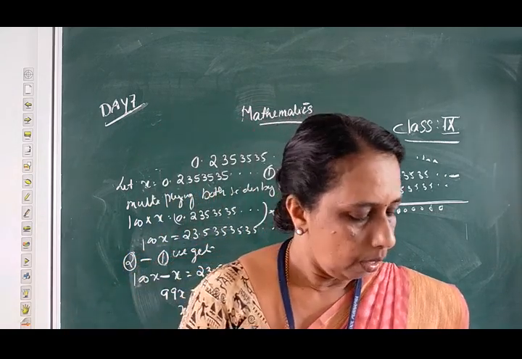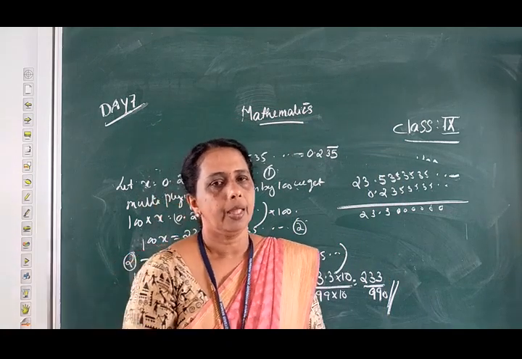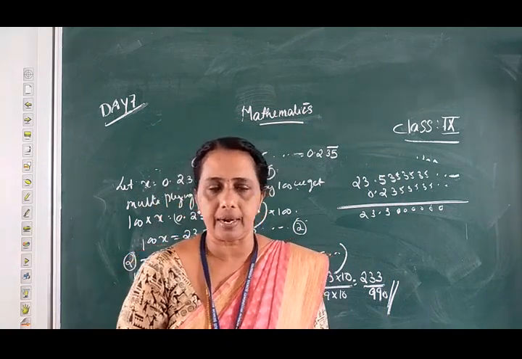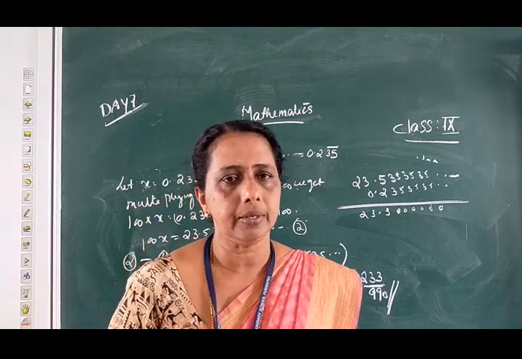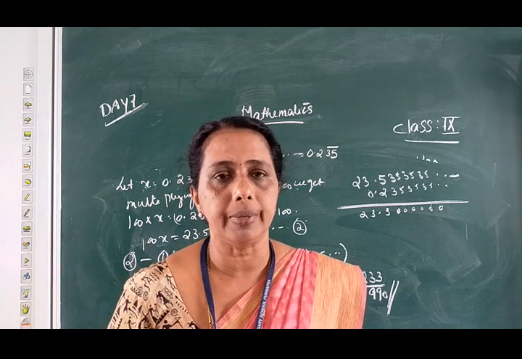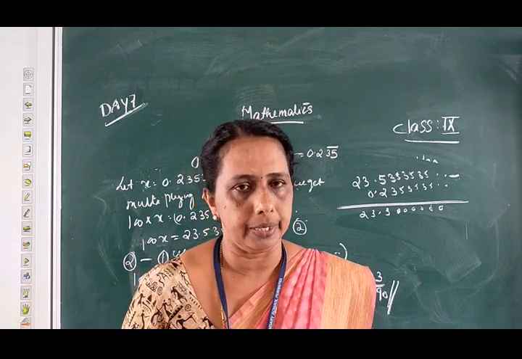So the conclusion is that the decimal expansion of a rational number is either terminating or non-terminating recurring, that is, non-terminating repeating.